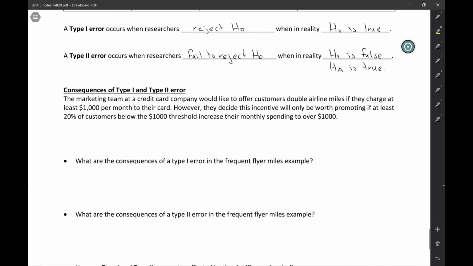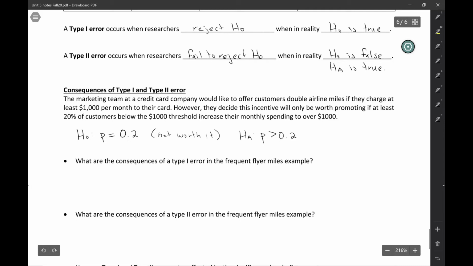So in this case, our null hypothesis is going to be that the proportion who would increase their spending really is equal to 20%. Remember, the null hypothesis always has an equal sign in it. And so in that case, we've decided that it's not worth it, right? Offering the incentive is not worth the cost. Whereas the alternative hypothesis is that more than 20% will increase their spending. And in that case, we've decided that it is worth it.